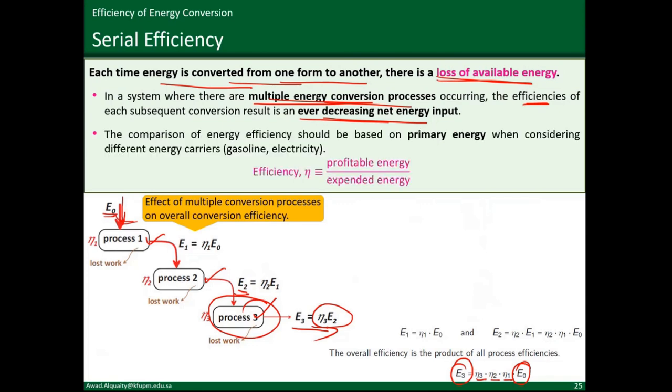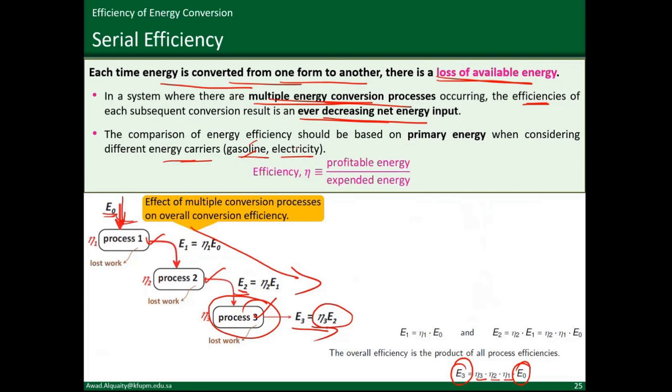So whenever we are doing a comparison of energy efficiency, especially for devices with different energy carriers, let's say gasoline or electricity, we need to calculate the serial efficiency. If you're taking something that has the same energy carrier input, let's say gasoline, for both devices, obviously just look at the system efficiency, the device efficiency.